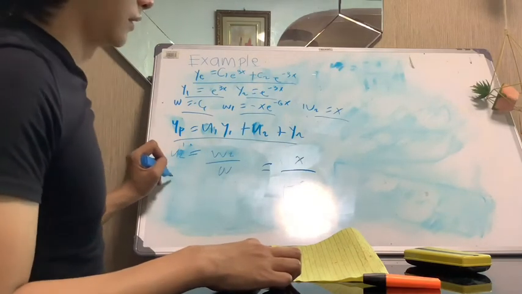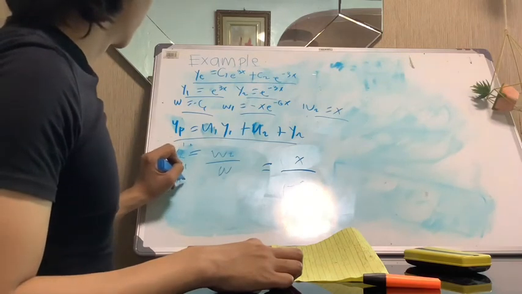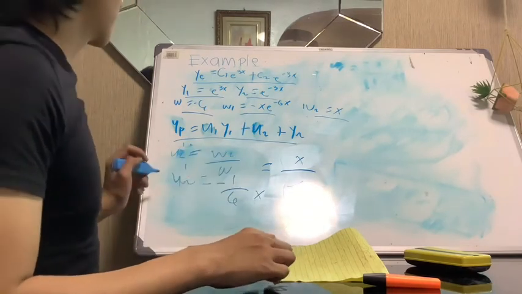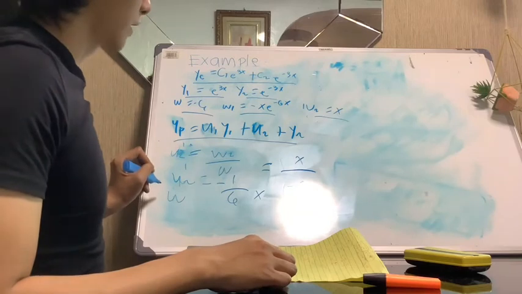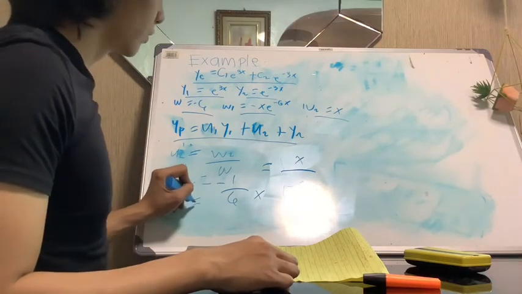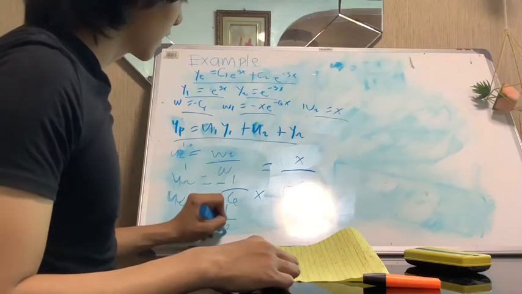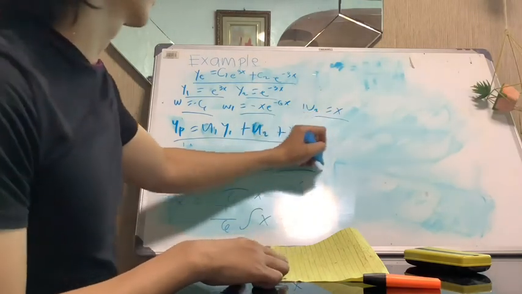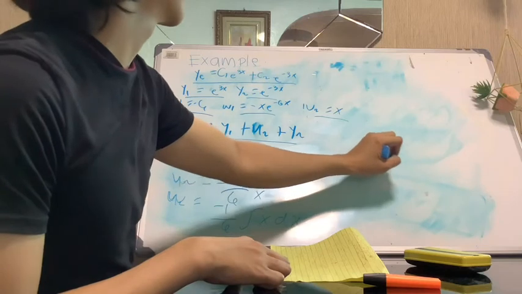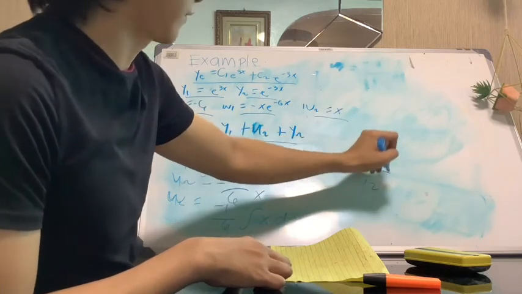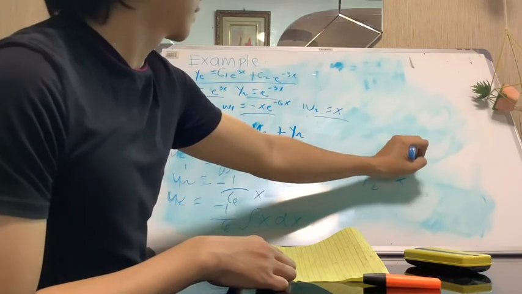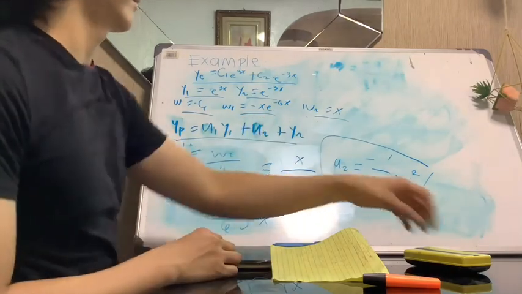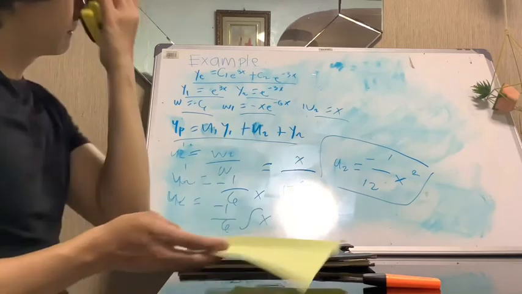And then u2 prime is negative 1 over 6 x. That's the answer. Then we integrate u2 equals negative 1 over 6 integral of x dx. The answer is u2 equals negative 1 over 12 x squared.